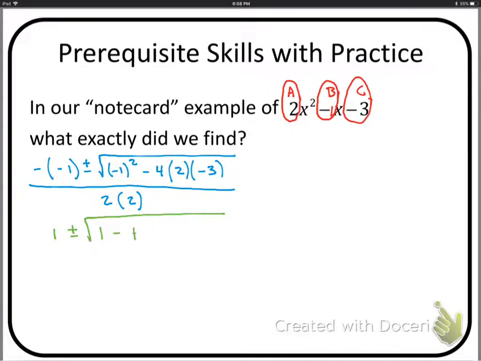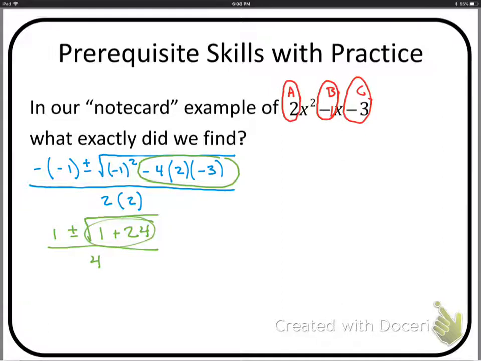Minus 4 times a times c. So 4 times 2 is 8, or negative 4 times 2 is negative 8. Negative 8 times negative 3 gives me positive 24. So plus 24. All divided by 2 times a, which is 2 times 2, which is 4.